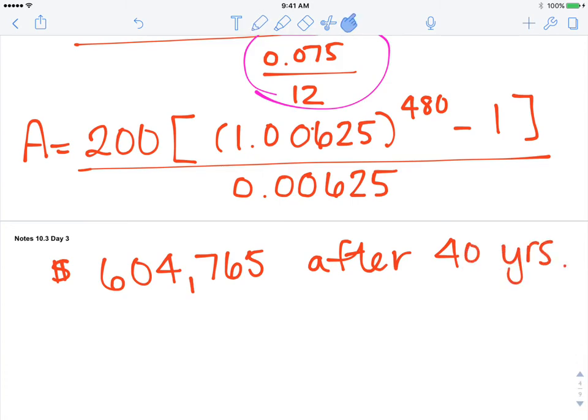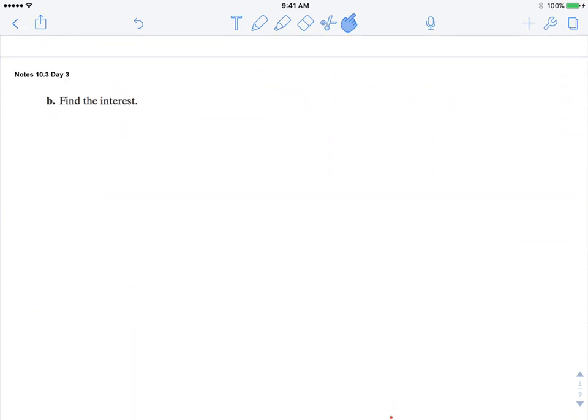In Part B, it asks us to find out how much interest you made. So imagine you're still depositing $200 a month, and you're doing that for 12 months and for 40 years. So let's figure out what that total deposit is.